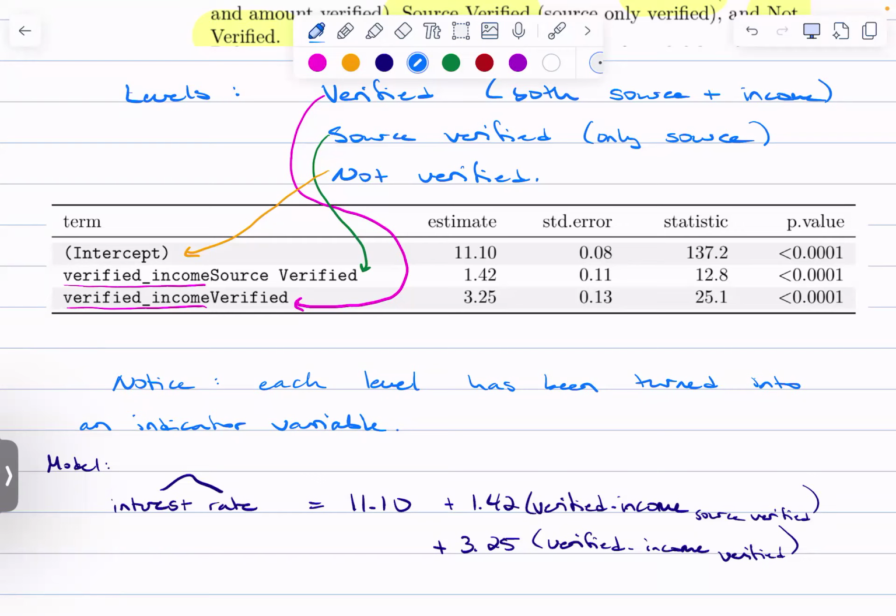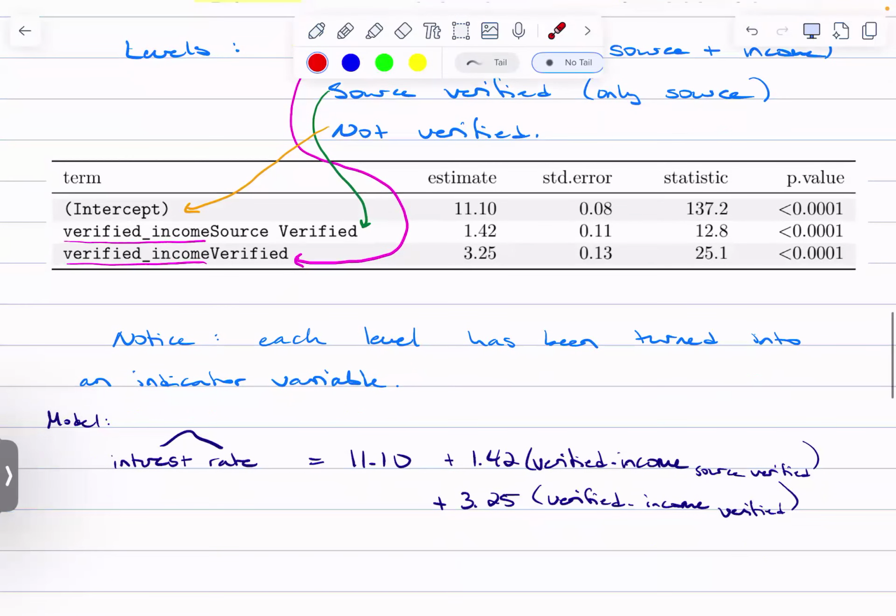Okay, so what's the predicted interest rate for someone who has had neither of those things verified? If we think about it, not verified is going to be lumped into the intercept. The reason is because if someone didn't have anything verified, their source wasn't verified and their amount wasn't verified, then the source verified indicator would be turned off, so it would be 0, because they had neither verified.